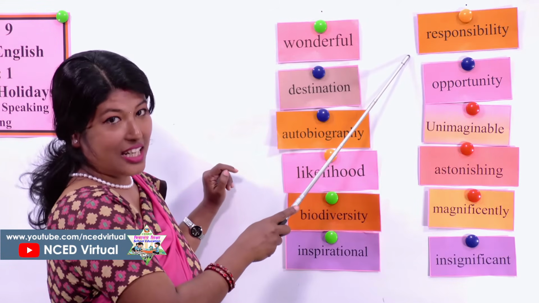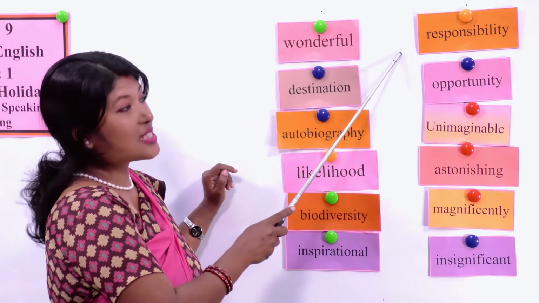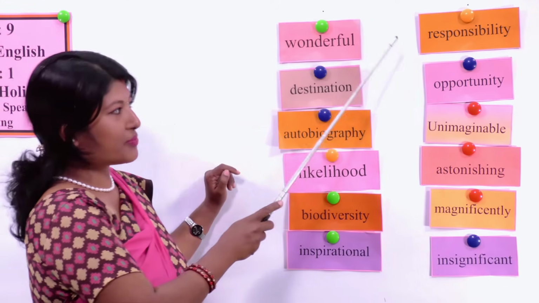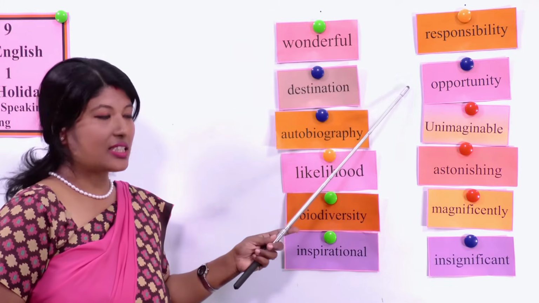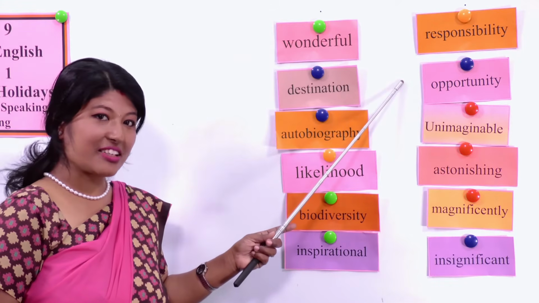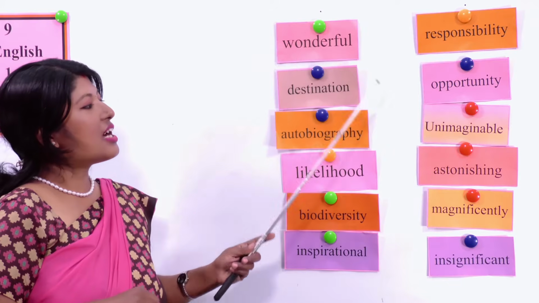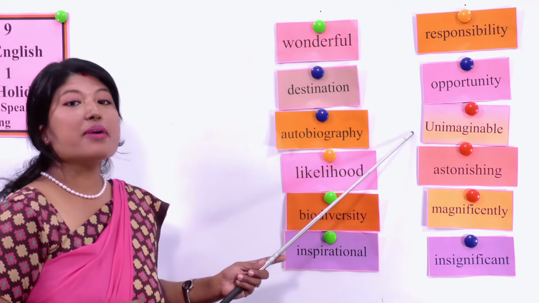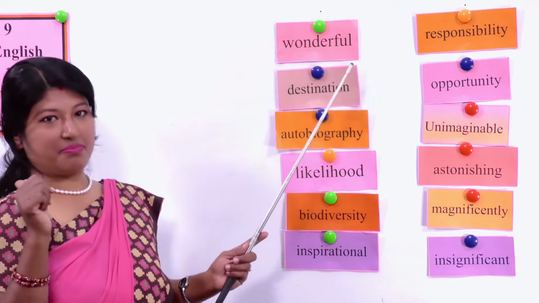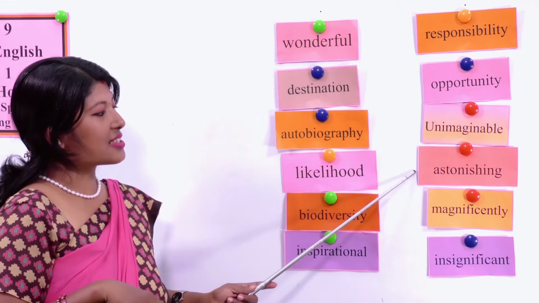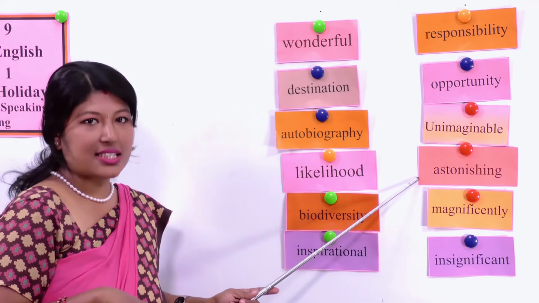Next word, responsibility. How do you say it? Responsibility. Good. Next word, opportunity. Opportunity. Good. Another is unimaginable. Unimaginable. Good. Next, astonishing.